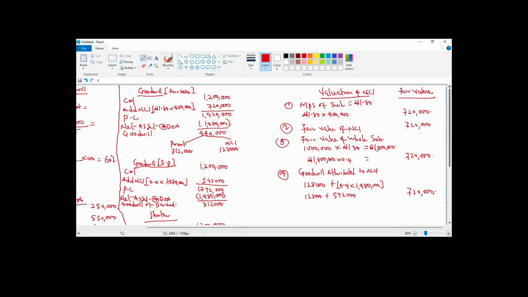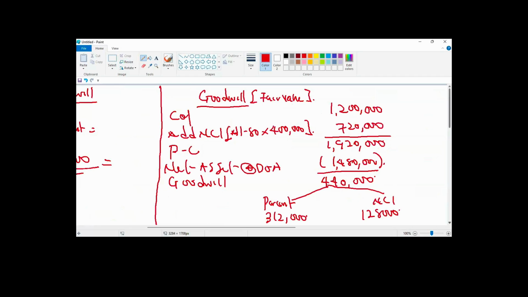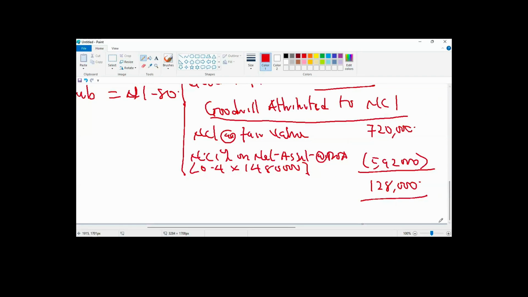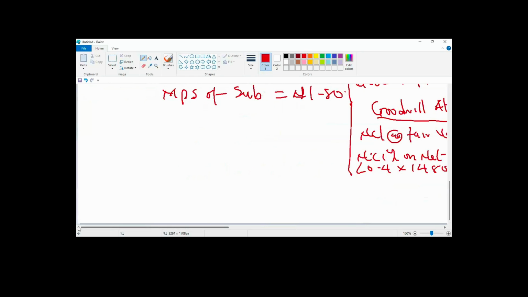Now, in exam, look at it now. Let's stretch it further. NCI, fair value, share proportionate. Does NCI entitle to net assets? Yes. Yes.